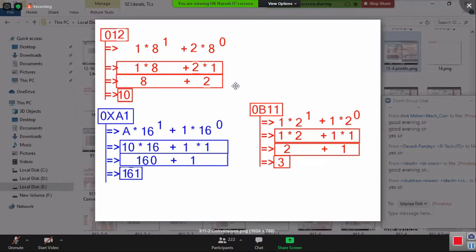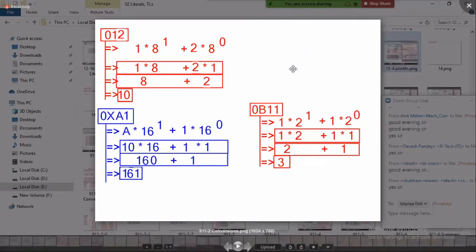Any doubts? In the interview, a question on octal numbers is very commonly asked, you should identify the correct converted number. Shall I move to the next point?